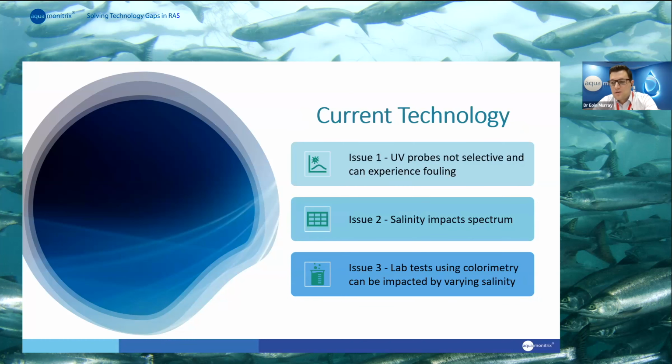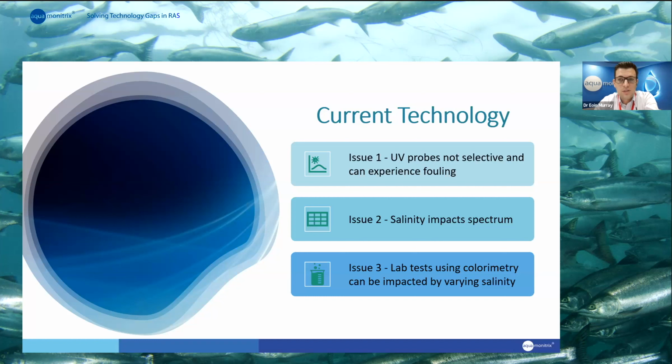So in terms of current technology, of course, there's a whole range of different options, and there are many strategies out there when considering in situ or online monitoring, such as ion selective electrodes and colorimetric based systems and so on. But really, UV probes are often considered a leading technology when considering online nitrate monitoring. But in the RAS setting, a number of issues need to be considered, and we'll touch on some of these now.